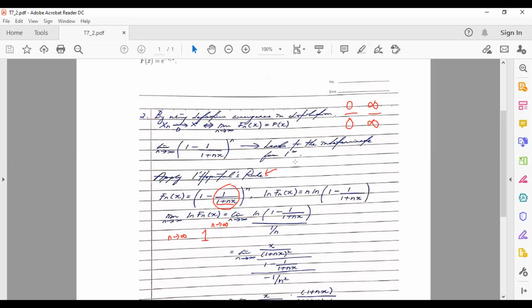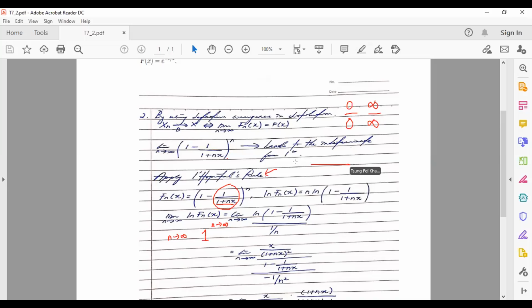I'm not sure. 1 to the power of infinity. Well, if you have 1, you raise it to the power of anything, it is still 1. So I think the argument to apply L'Hopital's rule is, okay, let me see. It's a little bit not watertight.